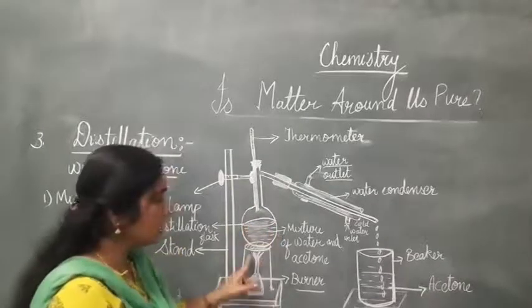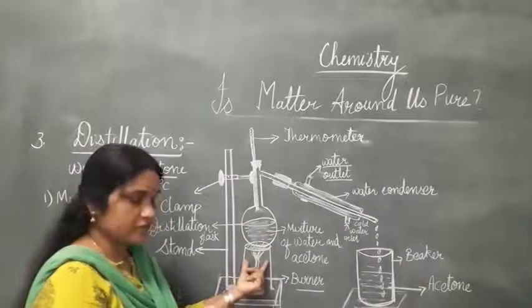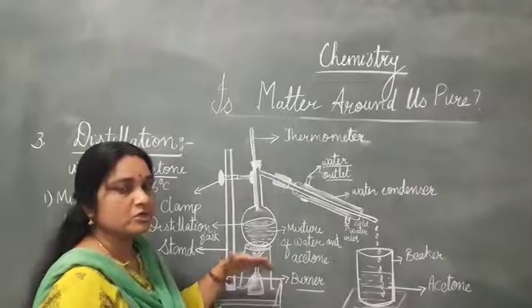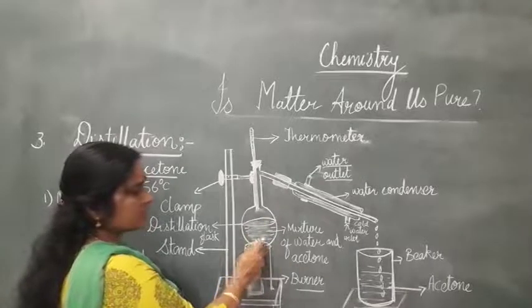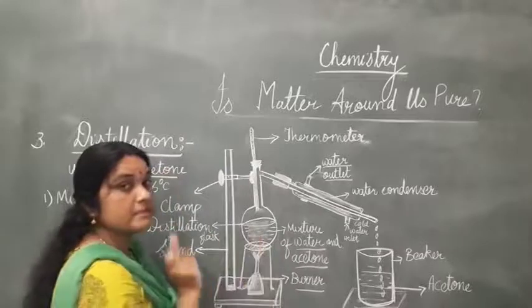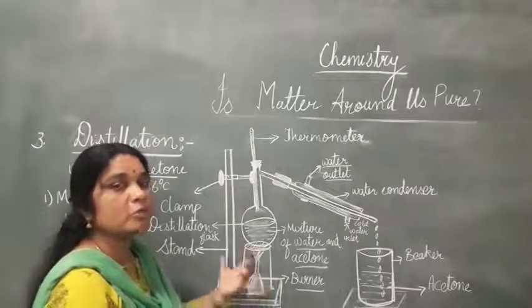As I told you earlier, for any heating purpose, the heating should be done very, very slowly. So what is the step here? In the distillation flask, a mixture of water and acetone is taken, which are miscible liquids with quite a lot of difference in boiling point.